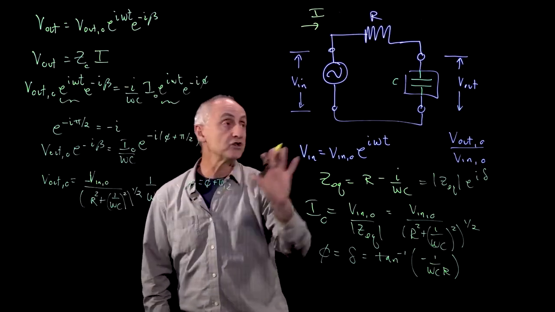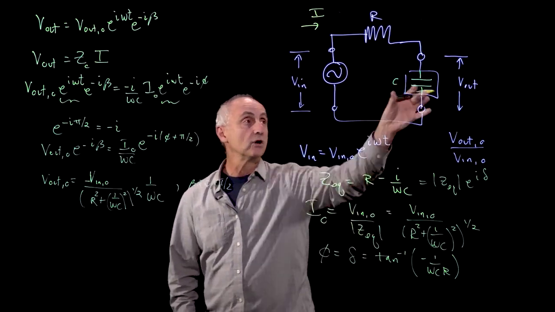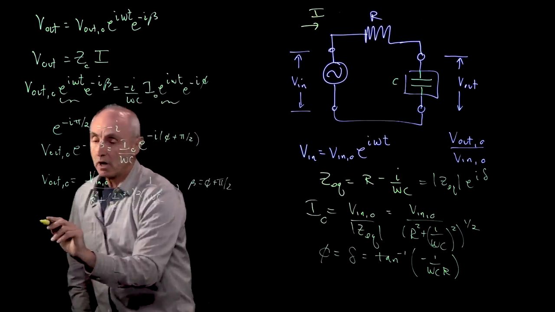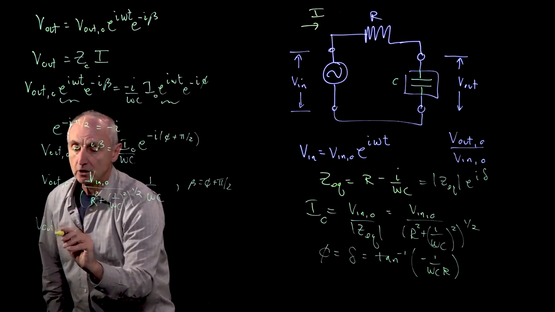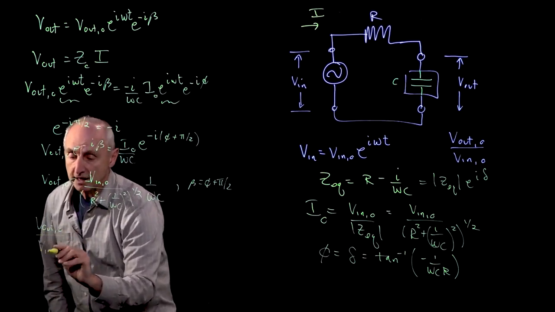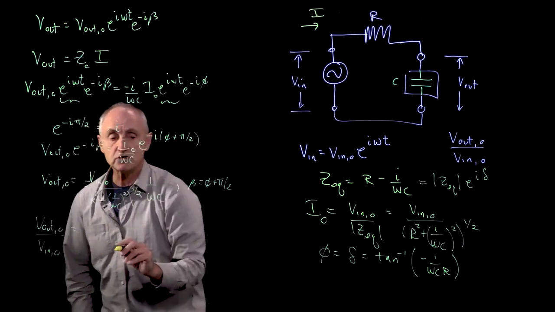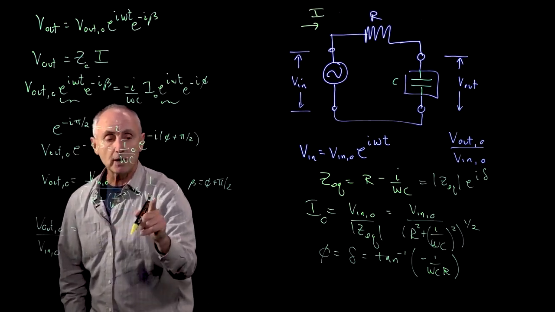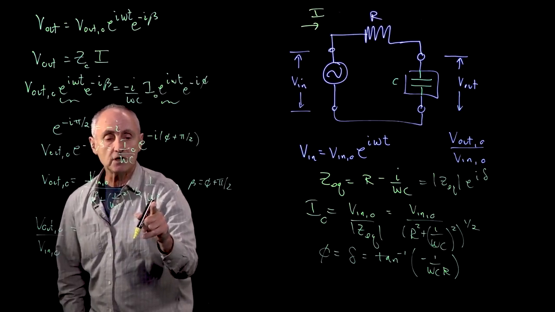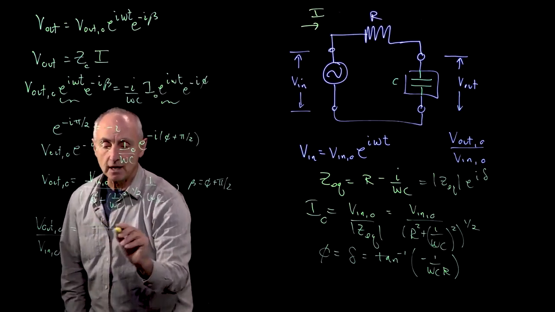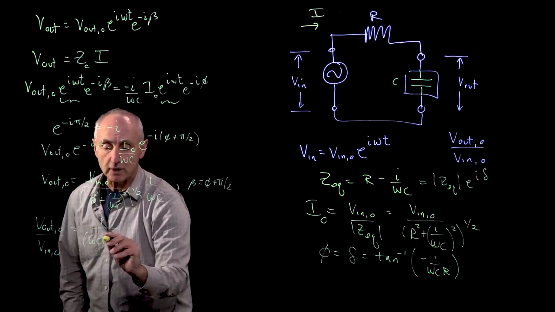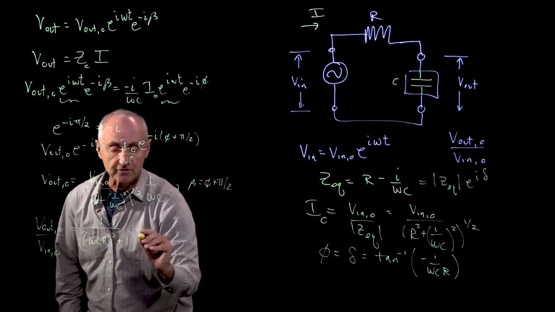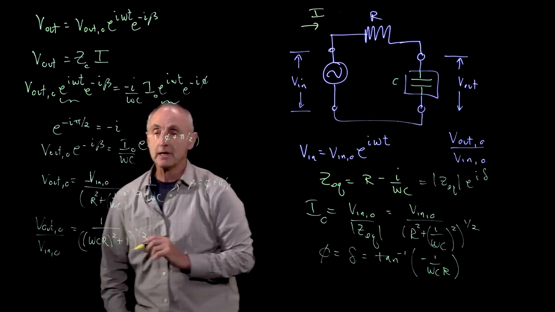So there's a phase shift of 90 degrees across this capacitor. But we want to focus more on the ratio V out naught over V in naught, which is equal to, bringing the omega C quantity squared inside, 1 over (omega C R) squared plus 1, to the factor 1/2.